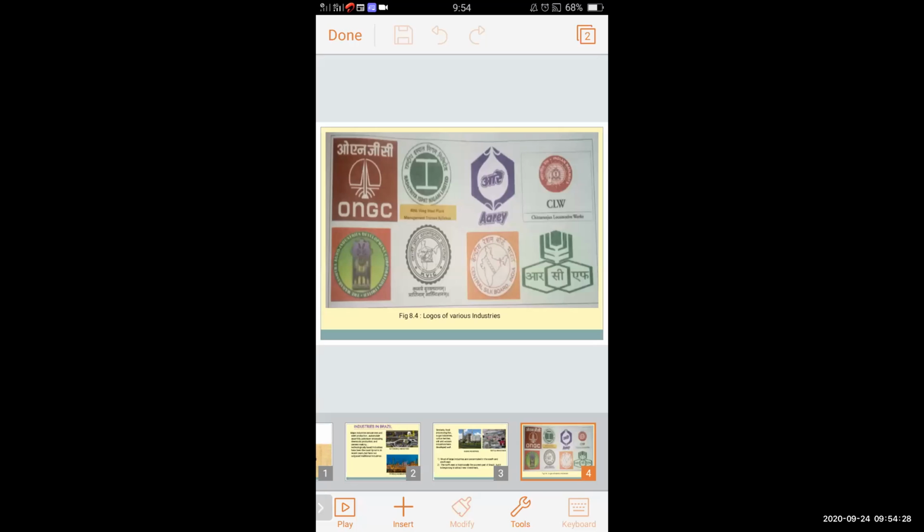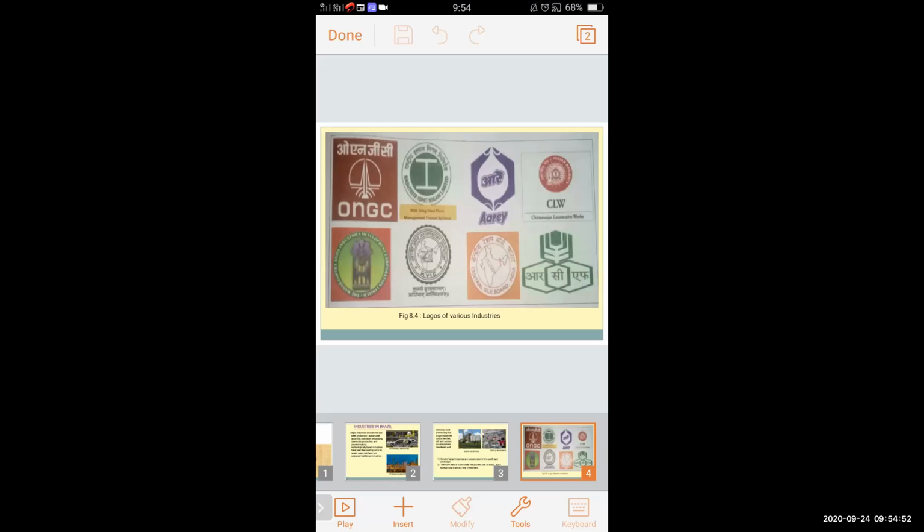Logos are the standardized mark given to the production of goods or the industries, so it is very necessary for an industry to have a logo. In the textbook also, various logos are given.